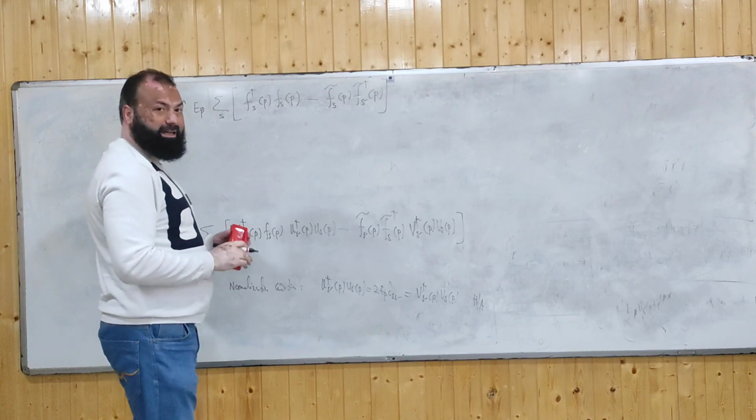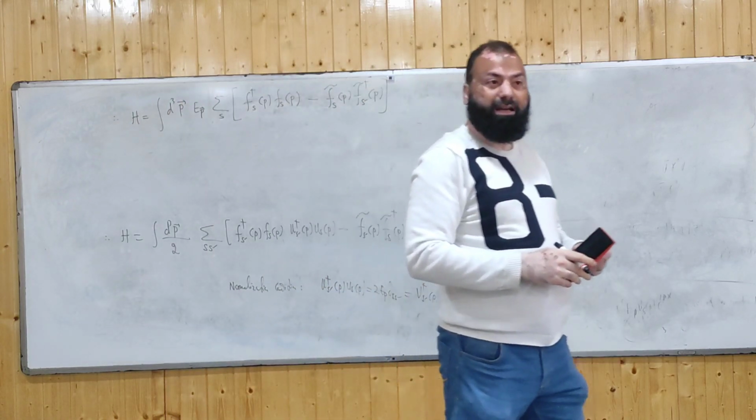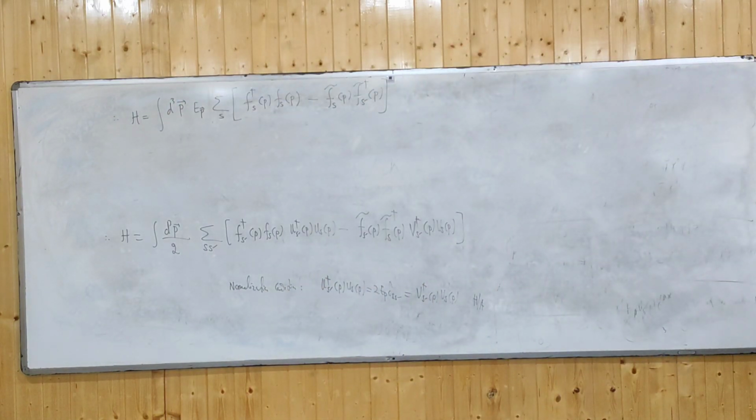So now what F dagger F represents: F dagger is the creation operator of the particle, so it will give me the number operator. Here comes the point I was saying.